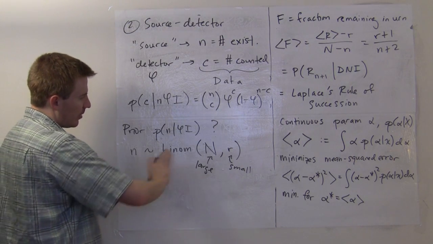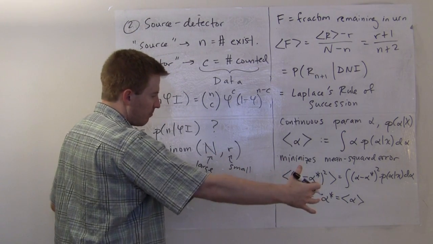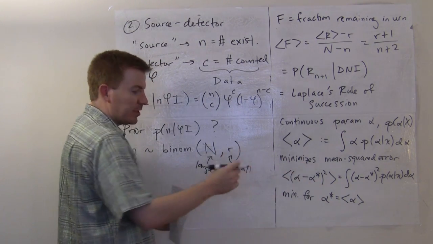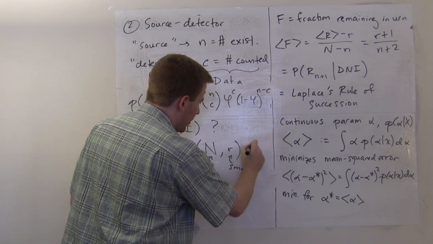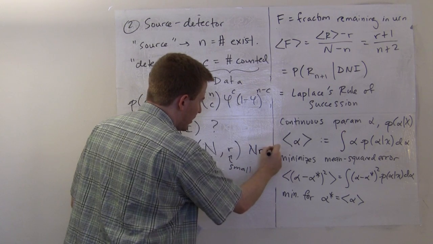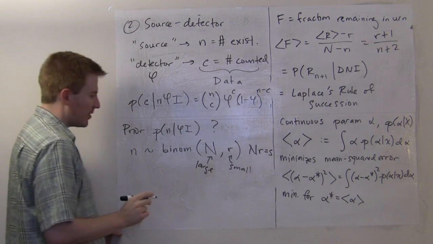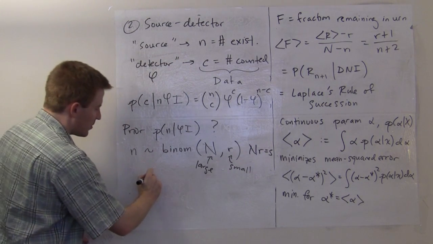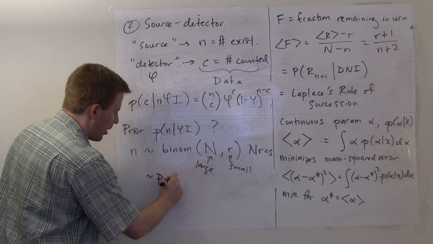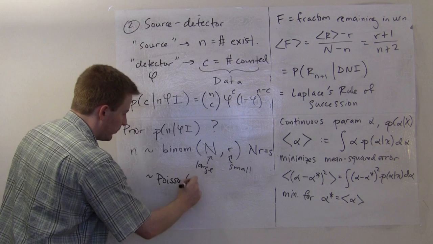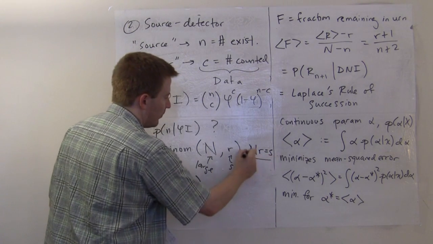But for this case where we have a large number of things and a small probability of succeeding on each one, and we assume that N times r is of a reasonable scale, some number called little s, this binomial distribution is well approximated by what's called a Poisson distribution, with a parameter little s, where little s is this product.